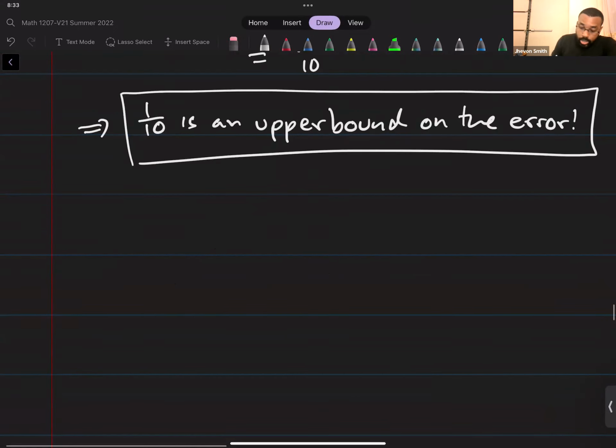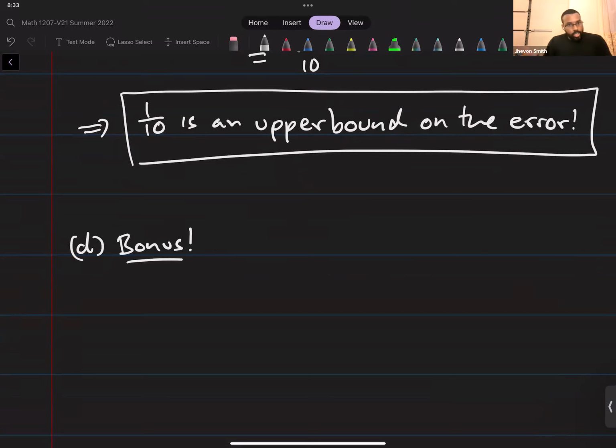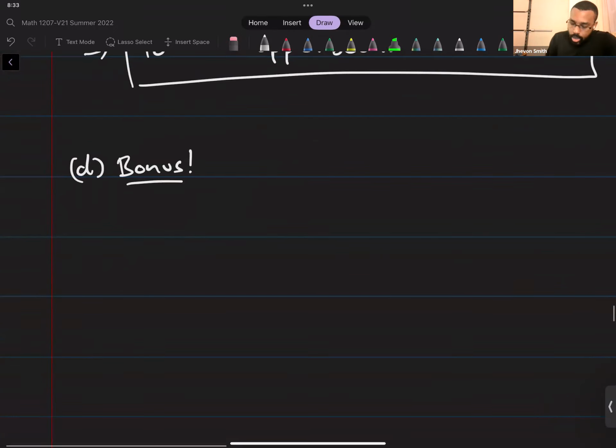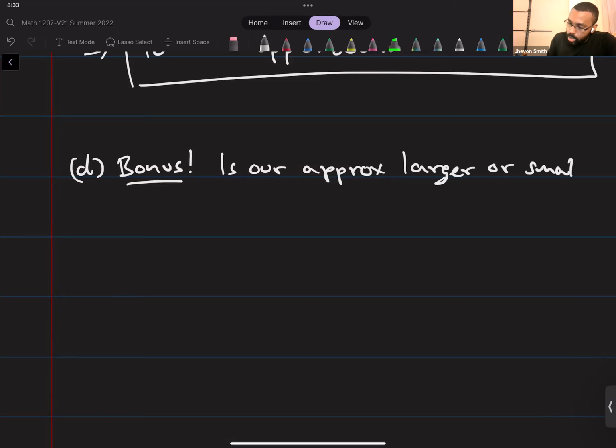I could also add a bonus part to this question, and I could ask you something like, is our approximation larger or smaller than the actual answer?